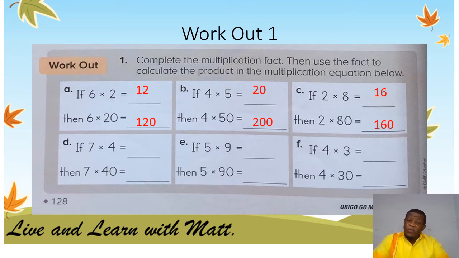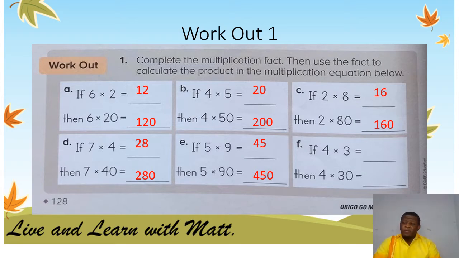That is 28, right? So if 7 times 4 equals 28, therefore 7 times 40 will be 280. Now part E. If 5 times 9 equals 45, right? Therefore 5 times 90 will be 450. That's correct.